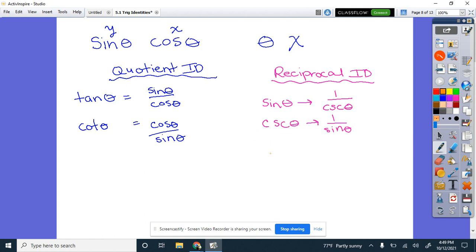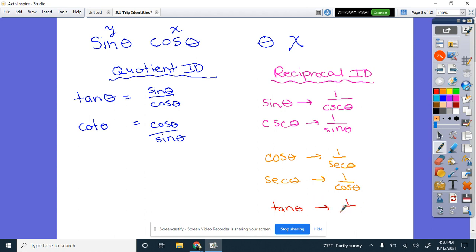All right, so now cosine theta, the opposite of cosine theta is secant. So we could write 1 over secant theta. And then, of course, the opposite's true. So secant theta could be rewritten as 1 over cosine theta. And then finally, of course, we've got tangent, right? Sine, cosine, tangent. The opposite of tangent is cotangent.